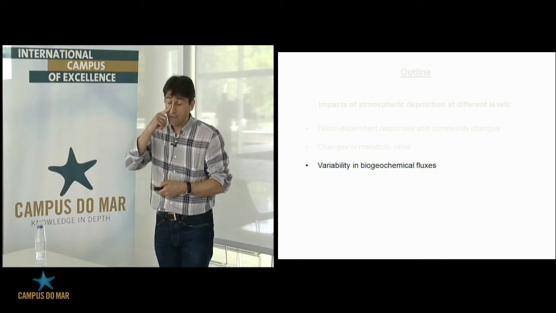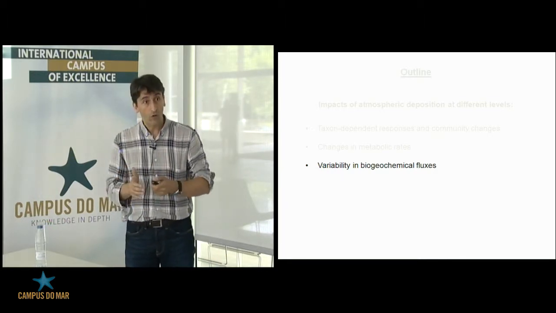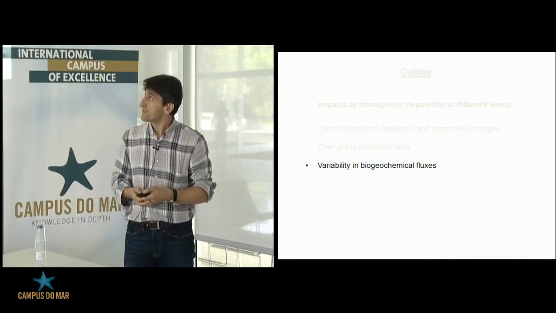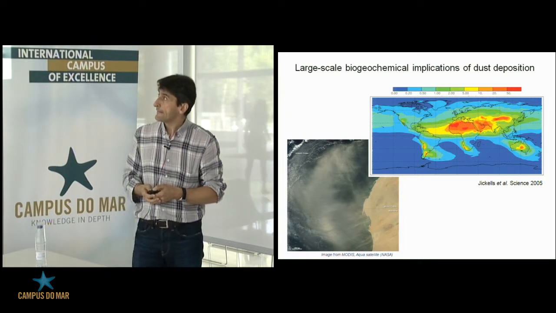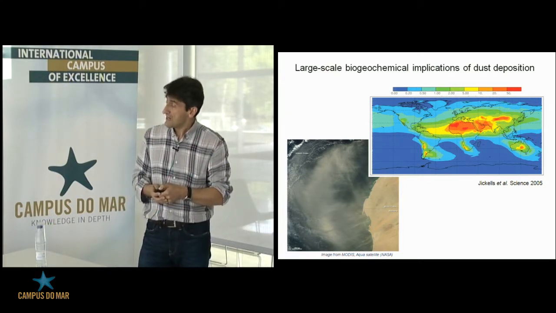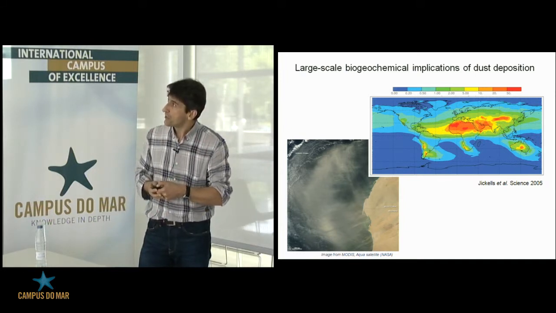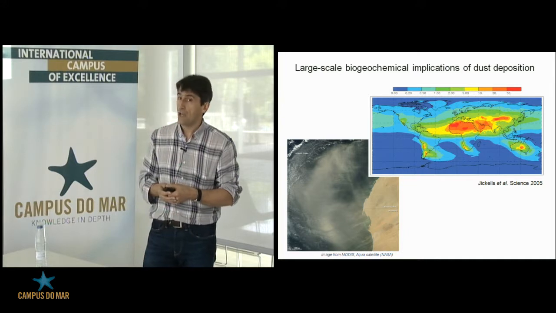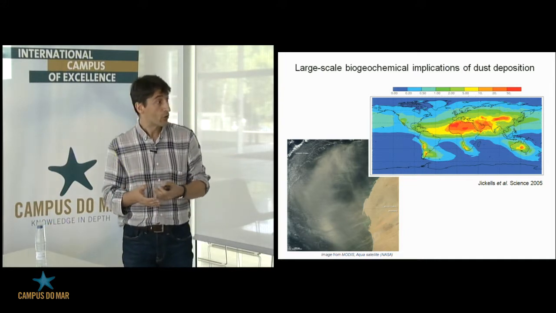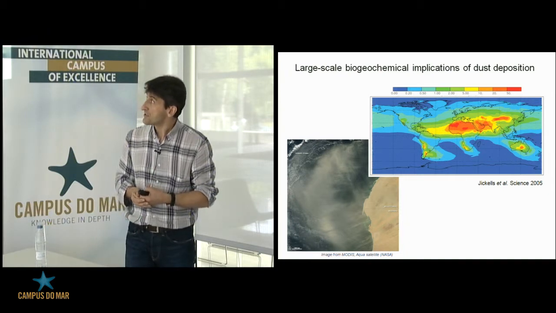Although obviously the dispersion between different experiments is large. So I would like now to conclude with a section on broader perspective of the impacts of these dust deposition events. And we are quite familiar with pictures such as this for the Atlantic, in which we can have really large events of dust storms that cover hundreds of thousands of square kilometers.